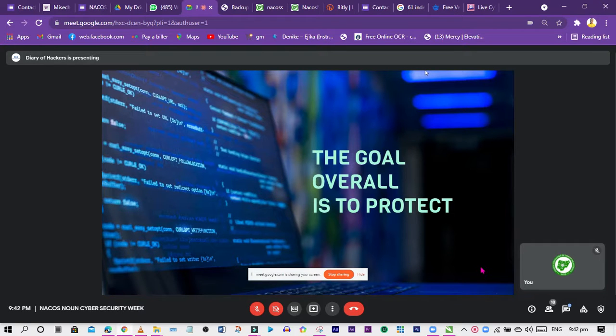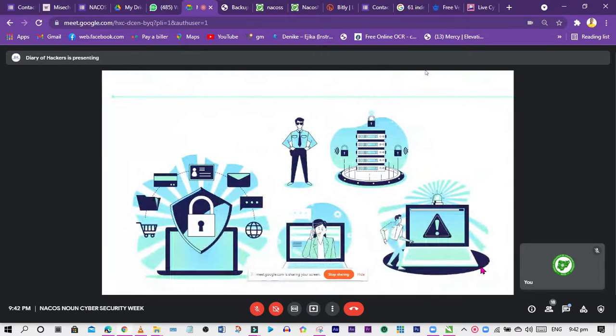Anything to protect, cybersecurity is all about protecting and protecting, right? Now, you can be a security guard in an organization. It's part of physical security, right? You can be an IT support, like you're telling people what to do and what not to do. You can stand out in that regard.